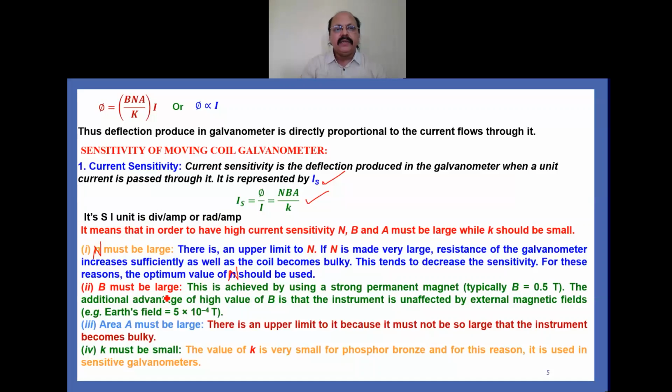Another factor is that the magnetic field must be large. Yes, that can be large. And the galvanometer also works in a large magnetic field so that the influence of nearby magnetic fields can be neutralized.